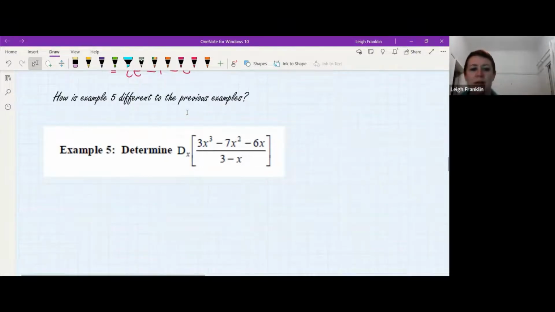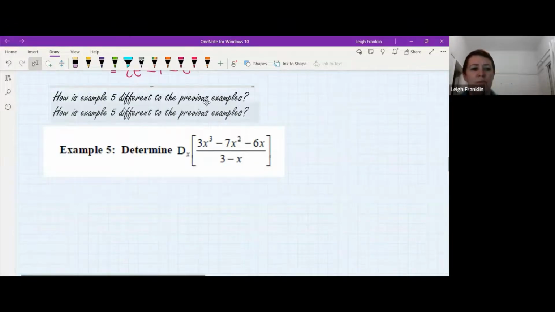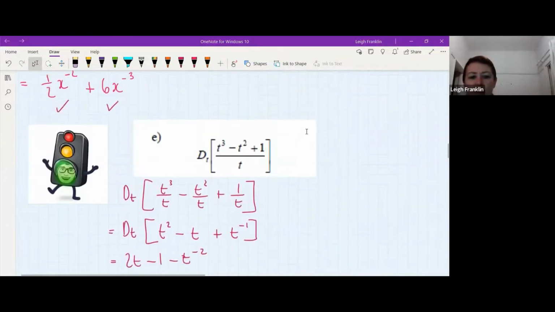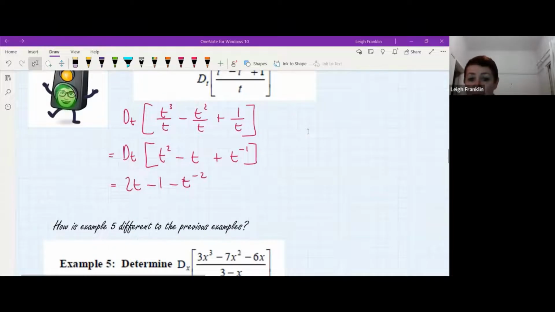What's different here? How is example number 5 different to the previous examples? No, Cecily, it's not the second derivative. Hang on a second, let's just go back here. No, it's not the second derivative. We're only taking the first derivative.